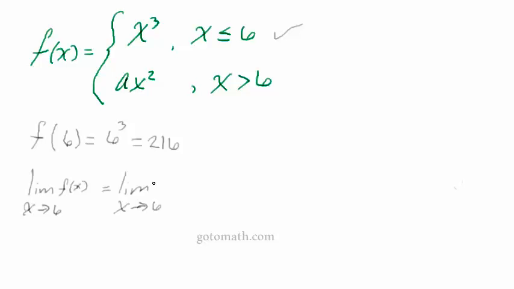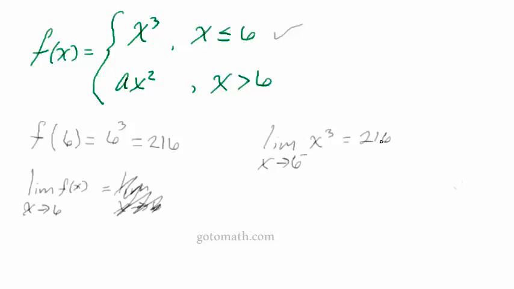What we're going to do here is let me just scratch this out real quick. Let's do the limit as x approaches 6 coming in from the left-hand side. So we're going to be using this top one up here. So we could just do direct substitution, which ends up being 216.